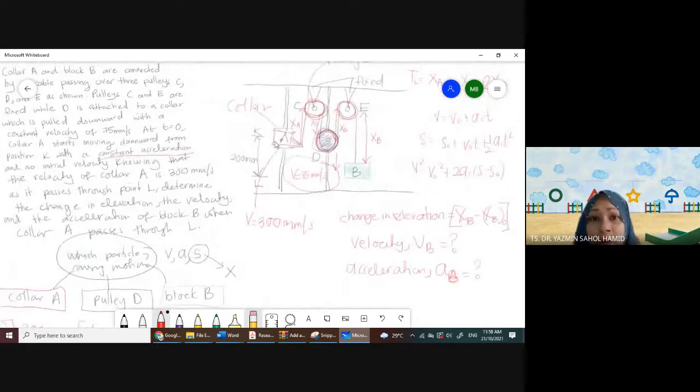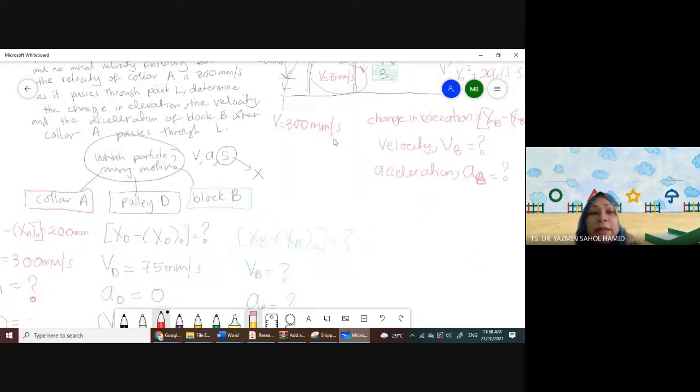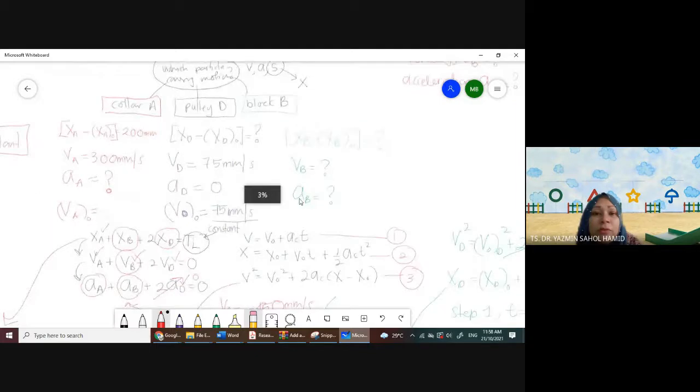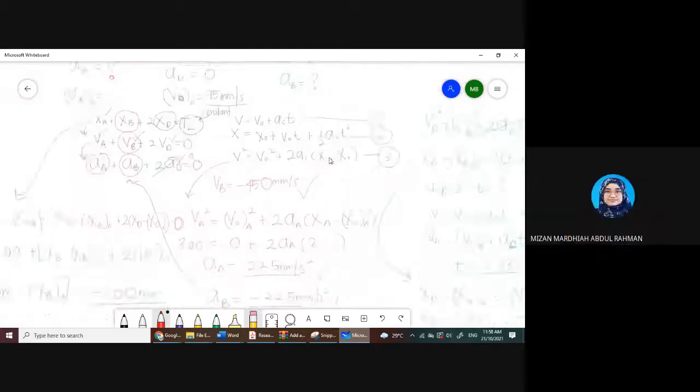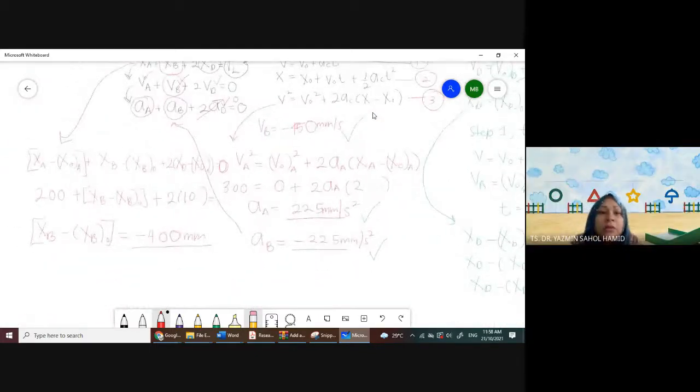Because when collar A is going down, the length of the string is going to increase. What happens to block B's string is that it is going to be shorter. That's why there is a negative value. Understand? Okay, all right. So you have already got the answer for all.